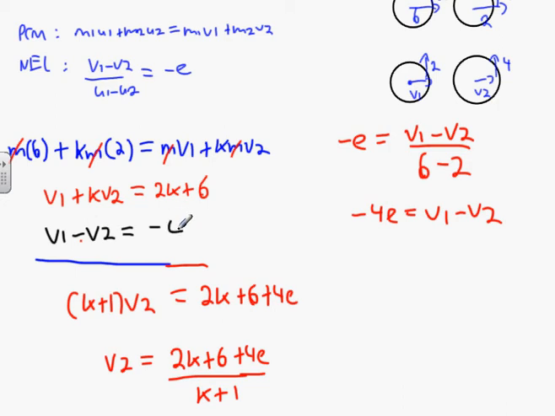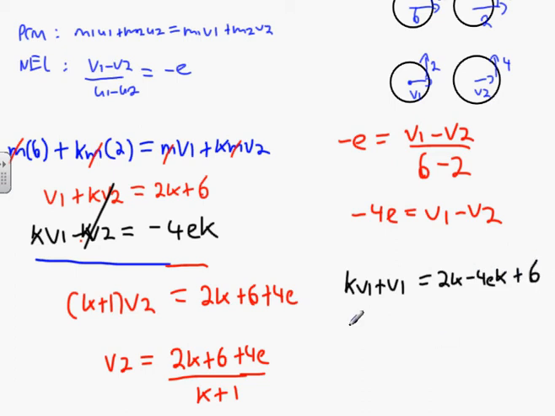Here's what I'm going to do. I'm going to multiply this second equation by k: kv1, kv2, 4ek. That makes sense? So we're going to add directly downwards, and I'm going to get kv1 plus v1. The kv2's cancel, and then I'm going to get 2k minus 4ek plus 6.